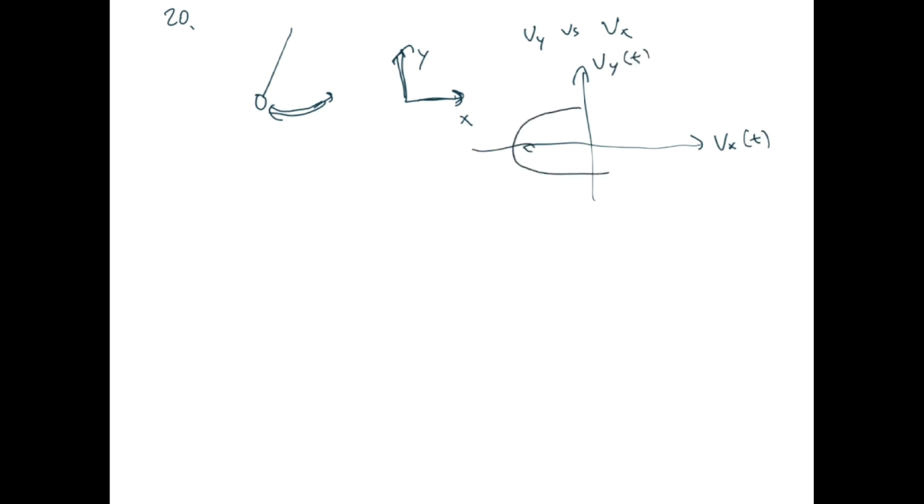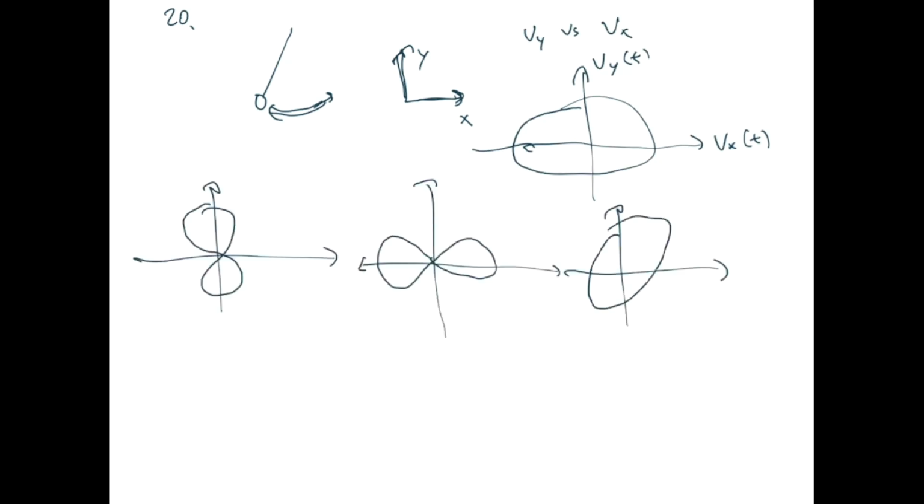It gives us a bunch of choices, these are the choices here, and we want which one could be a graph of Vy versus Vx.